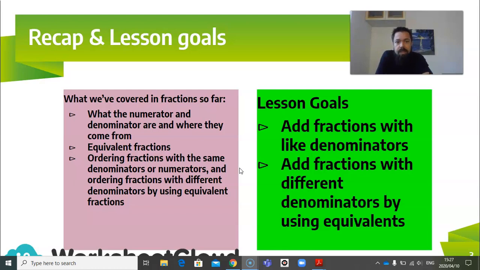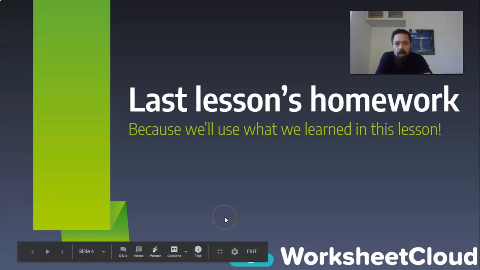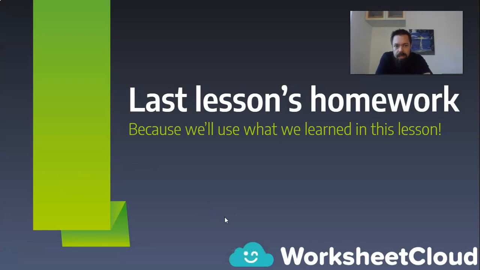So today we're going to look at adding fractions that have the same denominator, and then we're also going to add fractions that have different denominators, and again we'll use equivalents to help us with that. We are going to need to know what we've done with equivalents, so I'm going to go and have a look at last lesson's homework, go through it quickly.